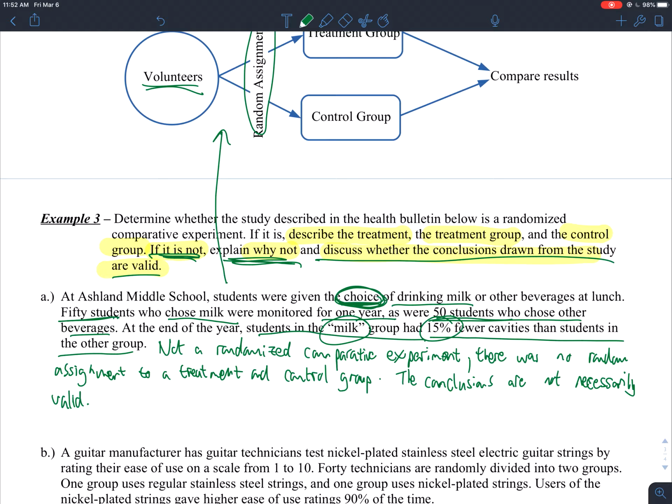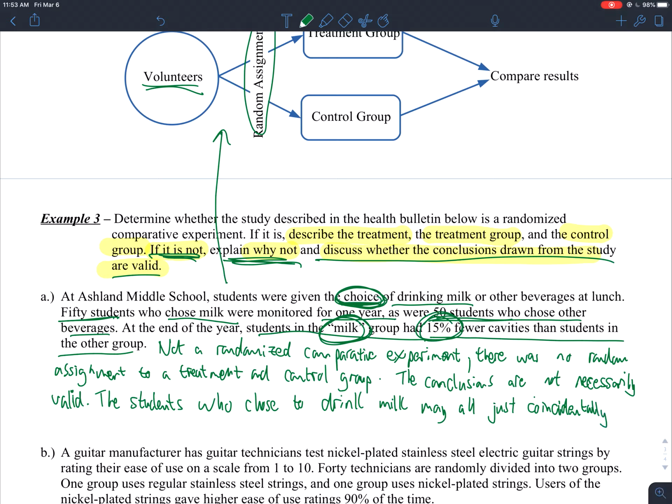In other words, what it would seem like is if you drink milk, you'll have 15% fewer cavities. That seeming conclusion is not necessarily correct. We don't know if that's the reason. So you just say the students who chose to drink milk may all just coincidentally have had better dental health.